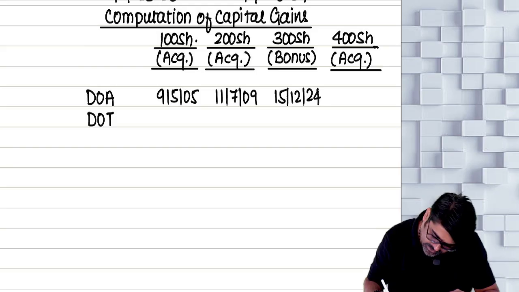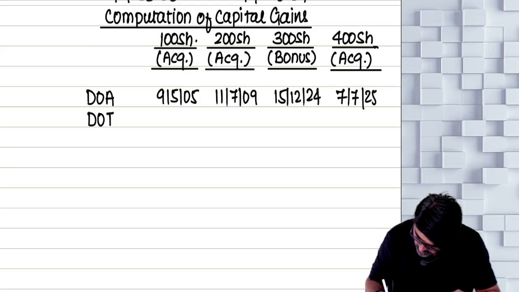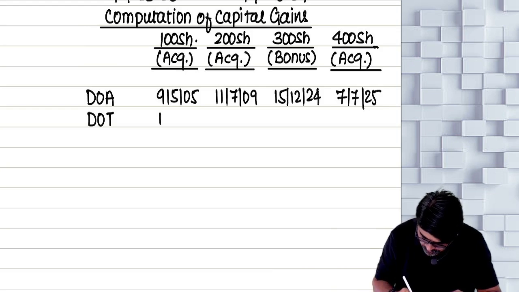And 400 shares, 7/7/25. All these shares sold on the same date, no? 19th of August 2025.